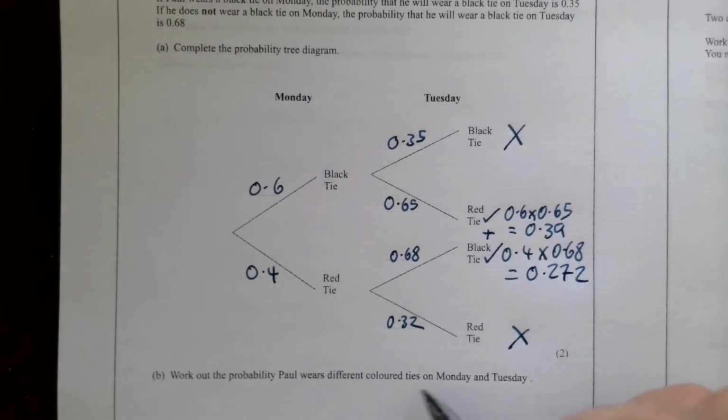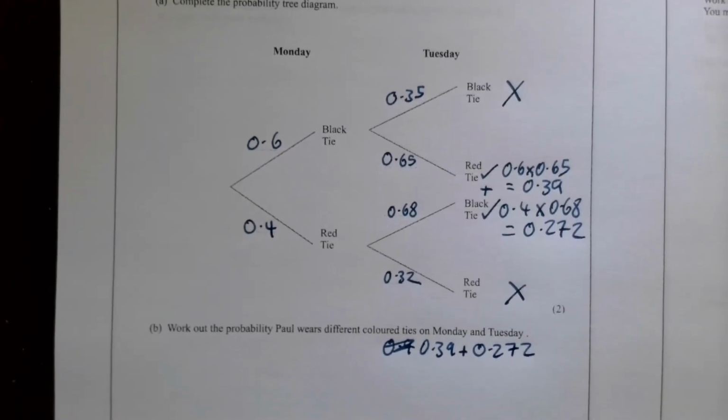And then all you've got to do is say, I've got my chance of the black and then red being 0.39. I'm going to add that to red and then black of 0.272.